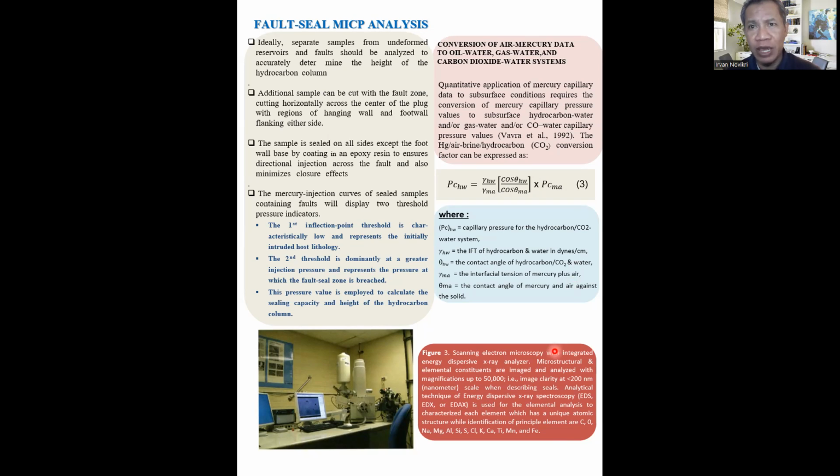Pc (hydrocarbon-water) equals Pc (air-mercury) multiplied by the IFT of the hydrocarbon-water type of fluid and cos theta contact angle, divided by the IFT of mercury-air and cos theta contact angle of the matrix, involving parameters such as we name it.